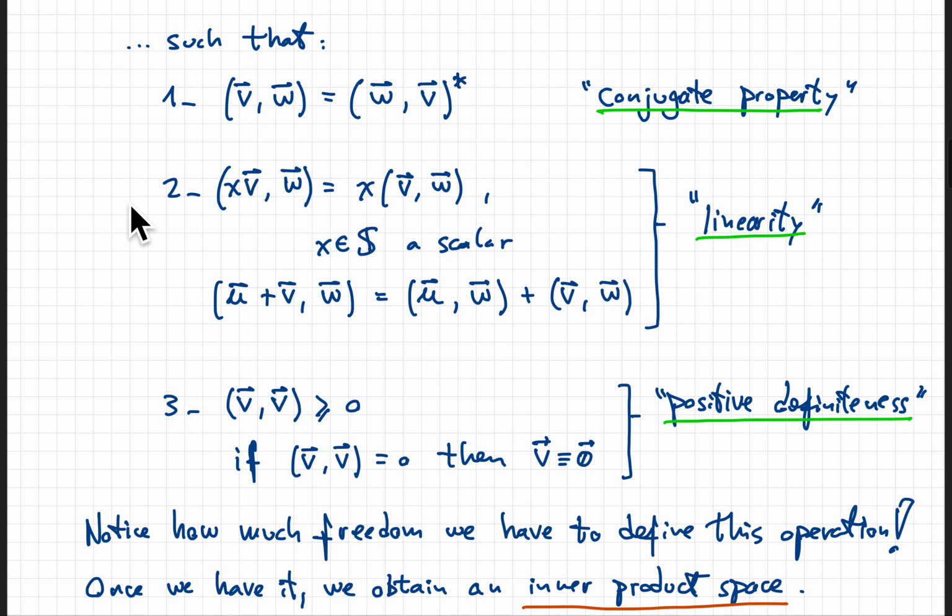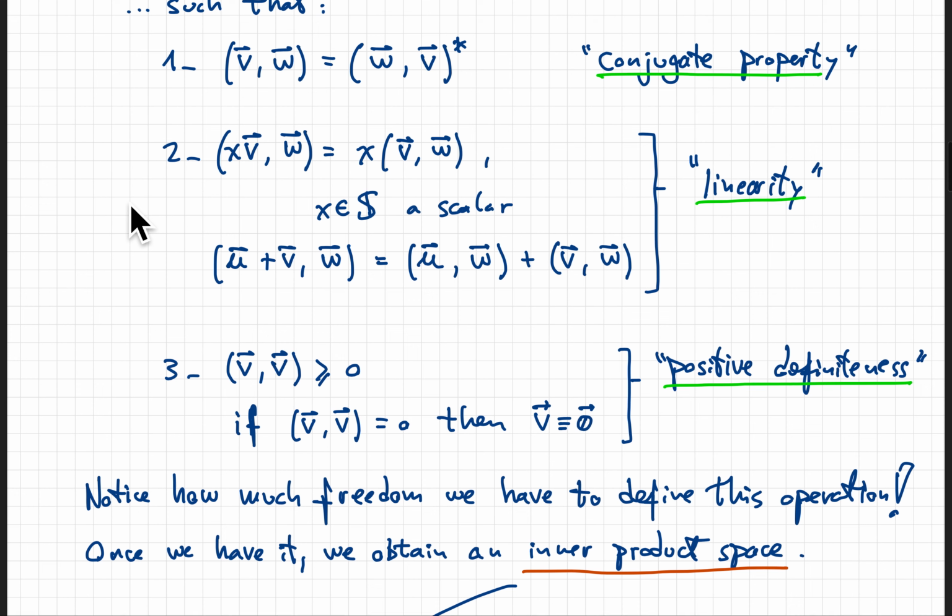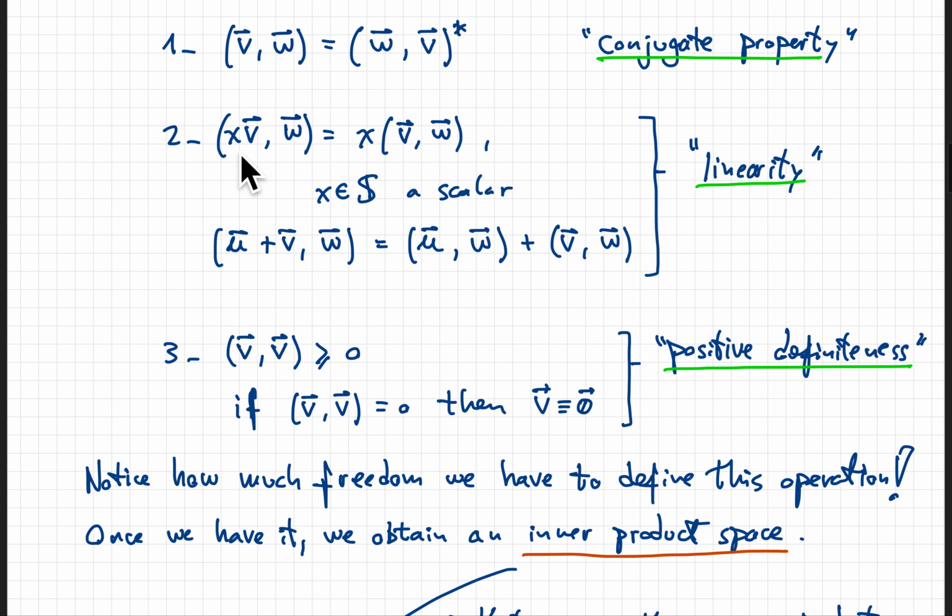The next property actually has two parts. It's called linearity, and it simply says that if you have in your first entry to the inner product a number multiplying your vector, then that number can come out of the inner product as it is, and x here is the scalar.